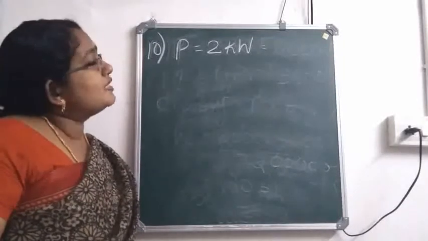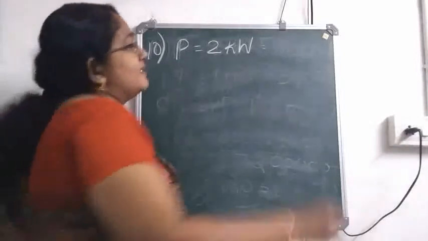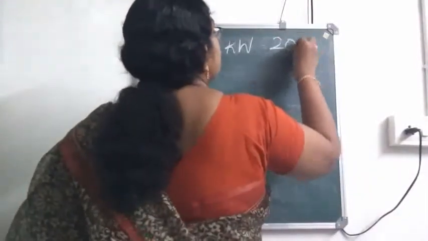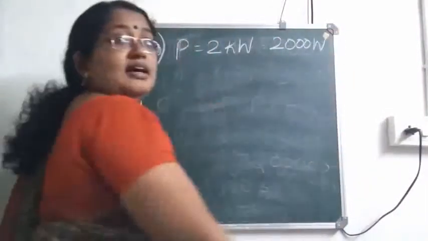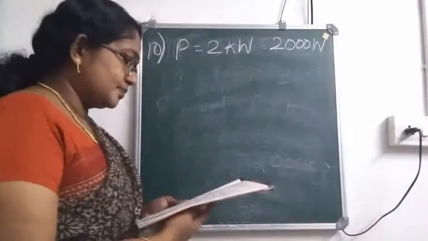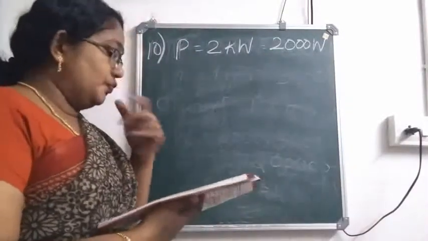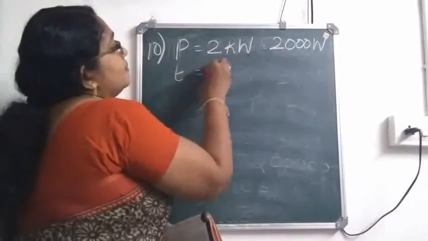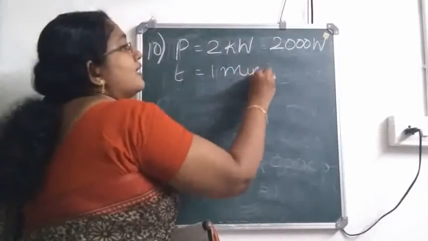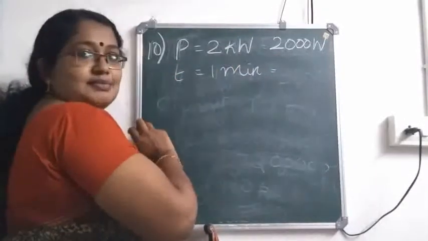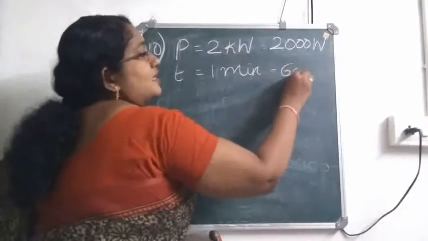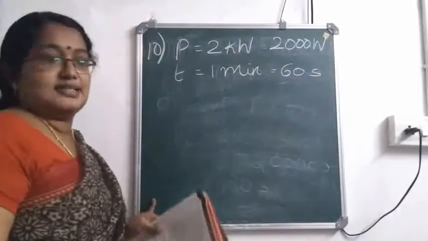So, how to convert kilowatt to watt? It is multiplying by 1000. So, this will be 2000 watt. Then, it is used for 1 minute. Time is given as 1 minute. So, we need it in SI system. That means in seconds. So, this is equal to 60 seconds.